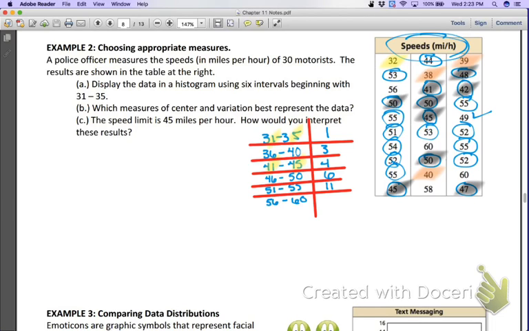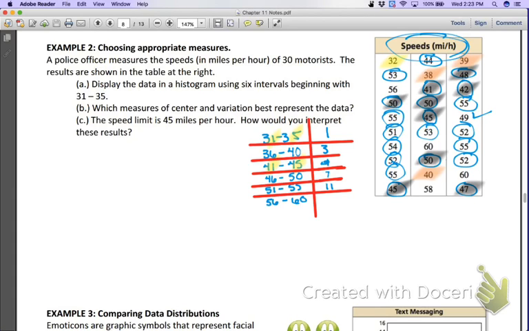Now, did we miss any before? Did I miss a 49? So shouldn't that be a 7? There we go. 41 to 45 should be 5, because you missed something. Yes, you put it in there.